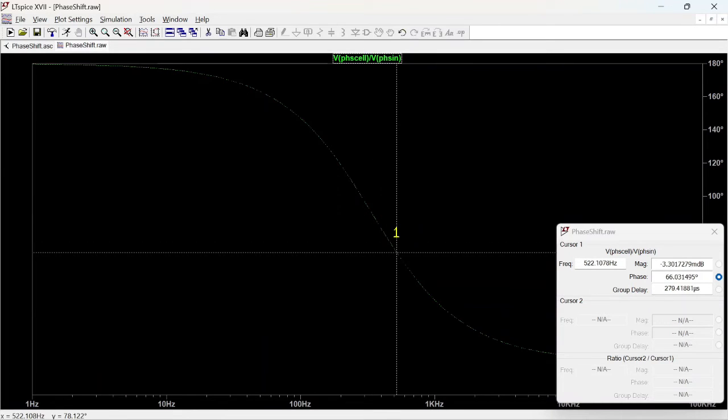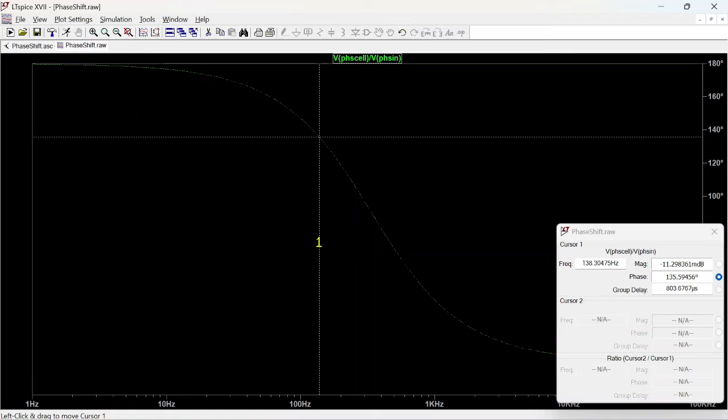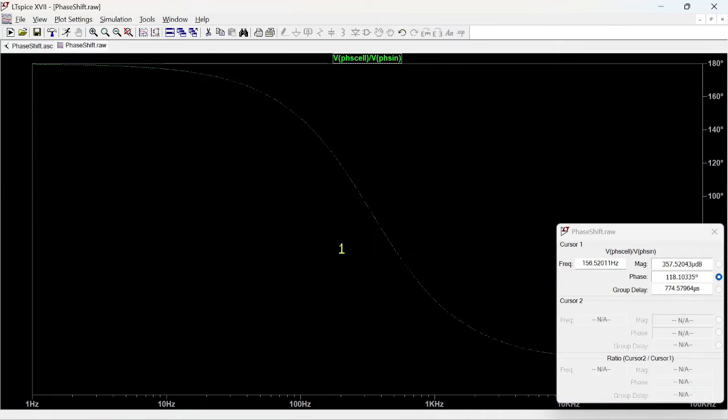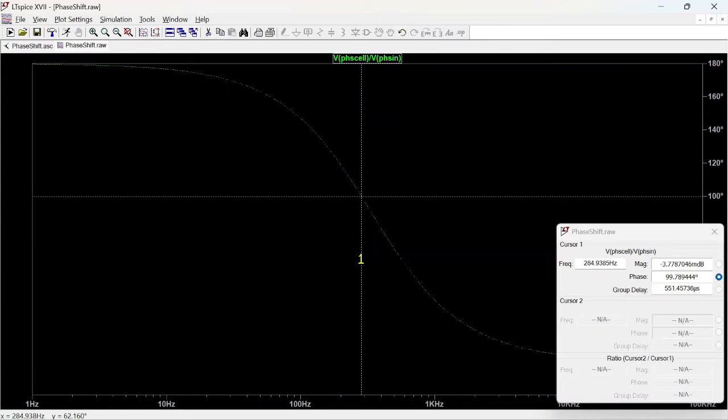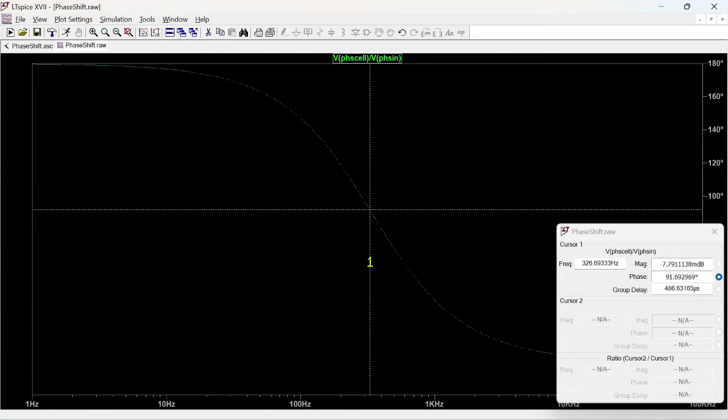For example, 522 is shifted 66 degrees. And if I go here, 138 is shifted 135 degrees. So different frequencies are shifted by a different number of degrees. We are talking about a 90 degree shift, so we need 2 stages, right? As we expected, because that gives us 180 degrees.